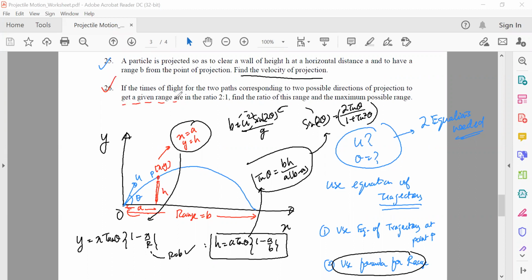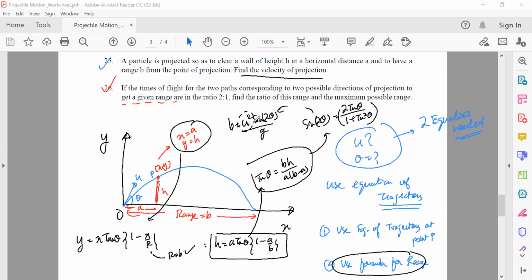So just go through this question. Yes, tell me. So after finding sin 2 theta, we'll substitute in that range formula, then. Yes, meaning substitute sin 2 theta in terms of tan theta, and here substitute tan theta as bh upon a into b minus a, like that. Okay, so it will become a kind of complicated term in terms of a, b, and h, but it's a known quantity, you know.